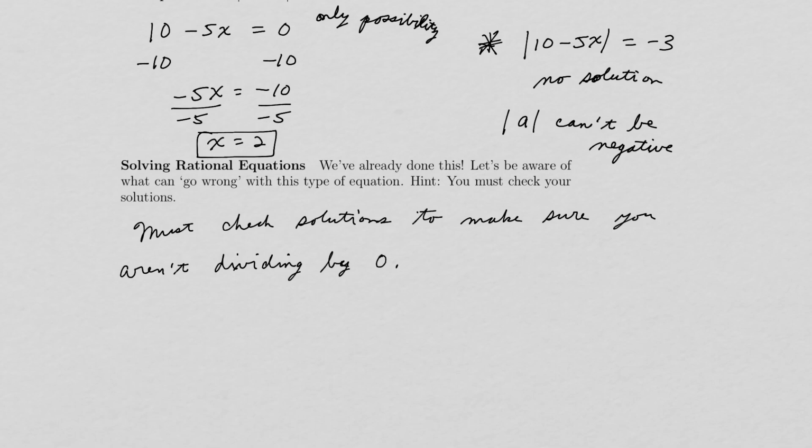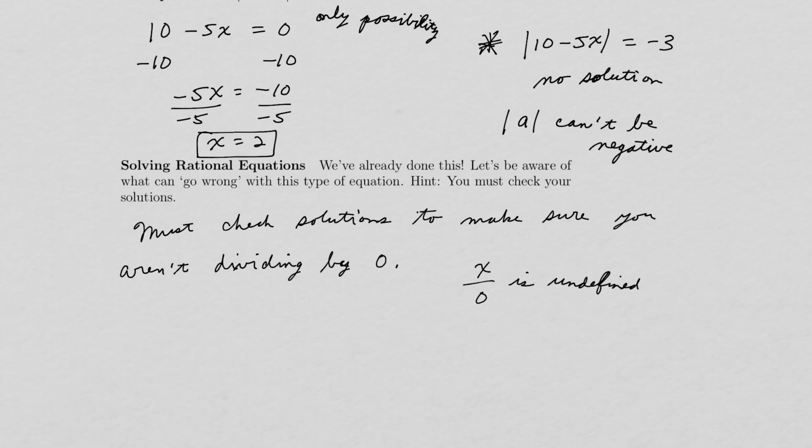Okay, because as we know, if you have anything over 0, this is undefined. Mathematically, we cannot divide by 0. It doesn't mean anything. It's undefined. So you would solve the rational equation like you normally would, but then you check your possible solutions to make sure that they actually solve the equation, so you're not dividing by 0.